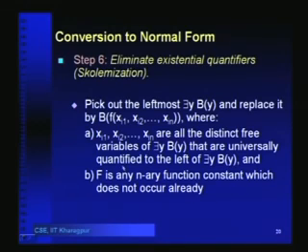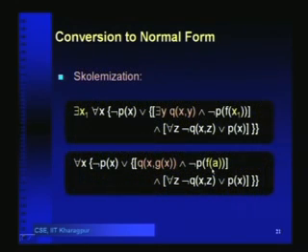Fine. So, this x1 through xi1 through xin are all the distinct free variables of there exists y bi that are universally quantified to the left of there exists y bi. In our example, we have this there exists y Qxy and we replace this y by gx.